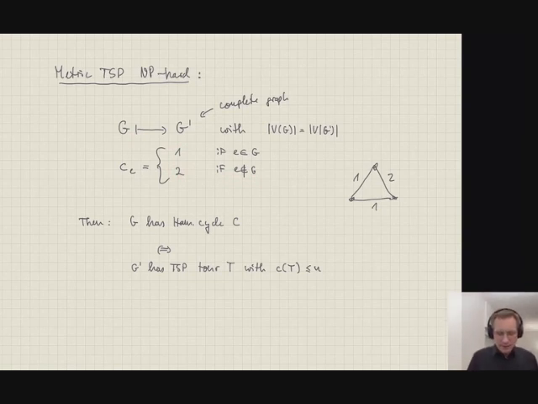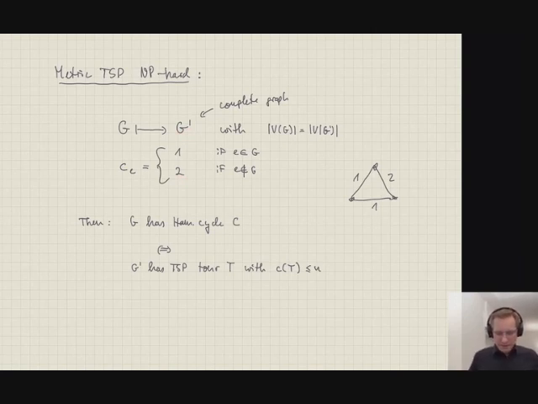And that means if there exists a Hamiltonian cycle in the original graph, there will be a Hamiltonian cycle that only uses these cheap edges, so that will have a total cost of n. If, on the other hand, the original graph had no Hamiltonian cycle, we will have to use at least one of these edges. So the total cost of any traveling salesman tour, any Hamiltonian cycle in this graph G prime, will then have to be at least n plus 1.